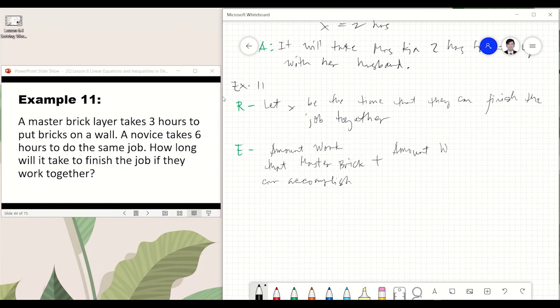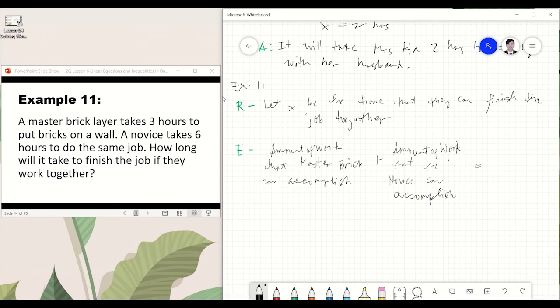Plus the amount of work that the novice can accomplish. But since they will help each other, so magiging equal sign na yun.